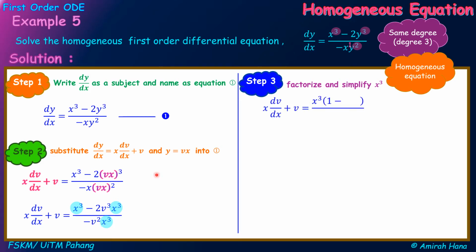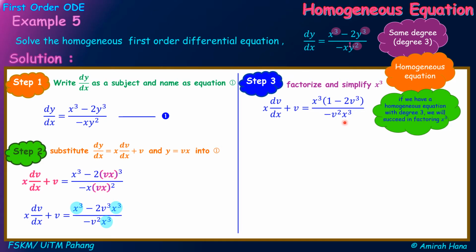We still have x dv over dx plus v on the left hand side, and then we factorize x cubed, so times in bracket 1 minus 2v cubed, and then over negative v squared x cubed. We don't need to factorize the denominator because we only have a single term here.